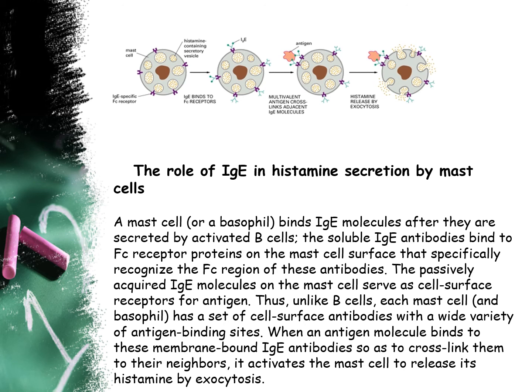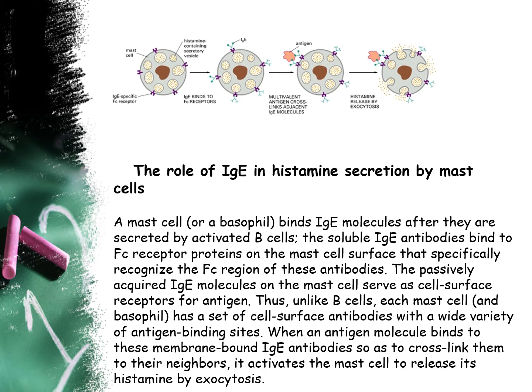Mast cells or basophils bind immunoglobulin E molecules after they are secreted by activated B cells. The soluble immunoglobulin E antibodies bind Fc receptor proteins on the mast cell surface that specifically recognize the Fc region found in immunoglobulin E antibodies. The passively acquired immunoglobulin E molecule on the mast cell surface serves as a cell surface receptor for antigen.